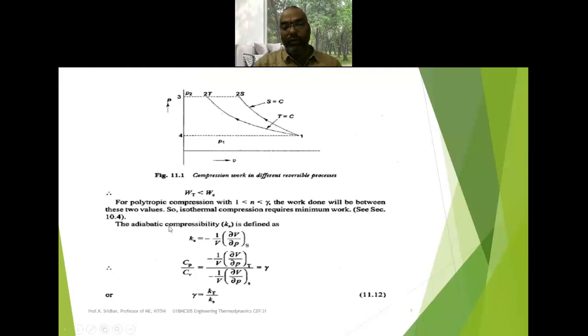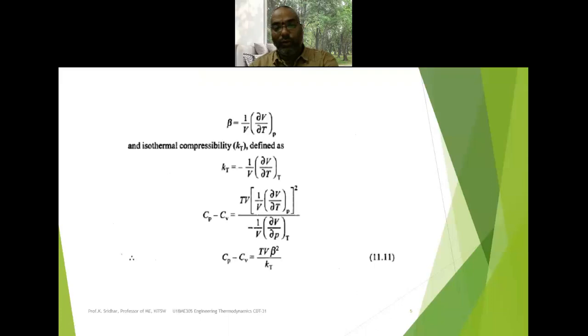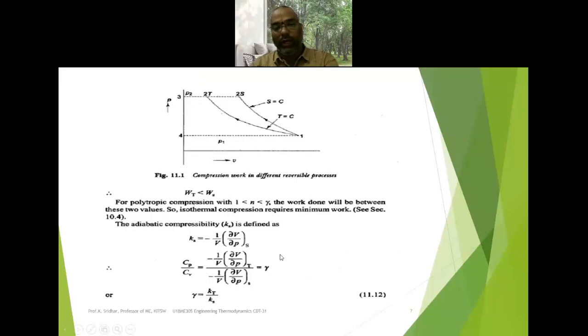So the adiabatic compressibility factor is minus 1 by V dou V by dou P with respect to S. But in the isothermal compressibility factor, you can see it is with respect to T. So that is the only difference. With respect to temperature, it is the isothermal compressibility factor, and whenever you define it with respect to constant entropy, that is the adiabatic compressibility factor.